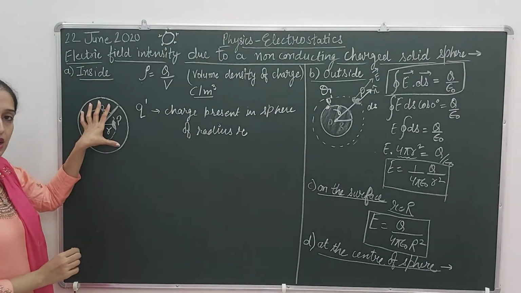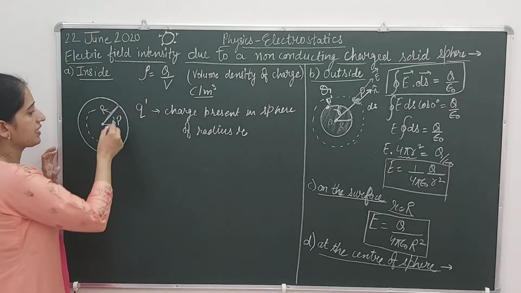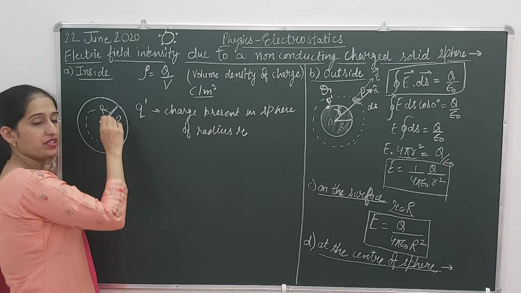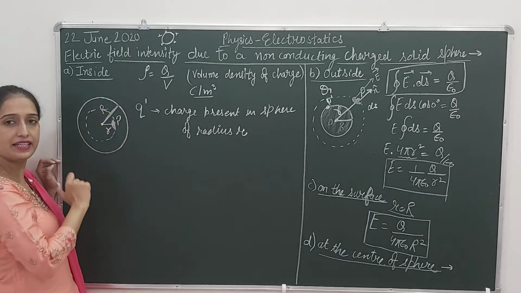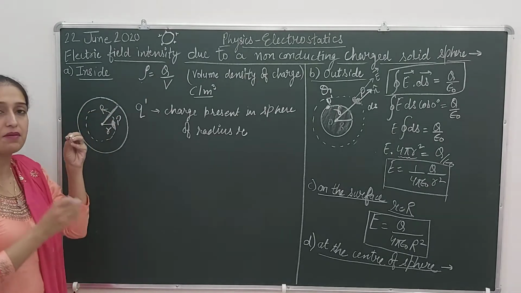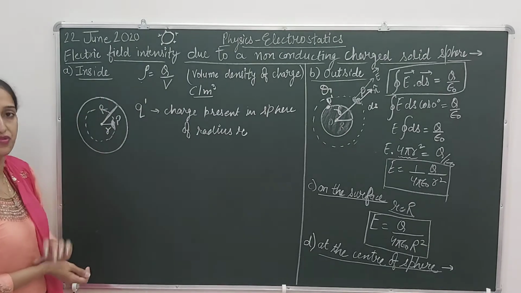It is the actual sphere which is given, and we want to find the electric field intensity inside the sphere. Then this Gaussian surface, this sphere, is smaller than the given sphere, so it will have some less charge than that of capital Q, than that of the whole sphere.